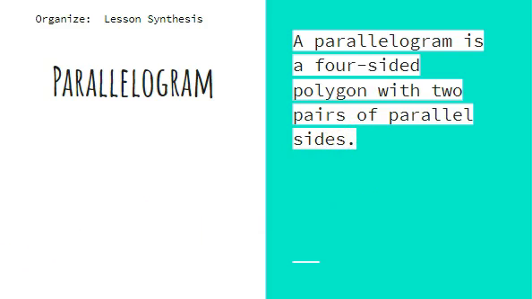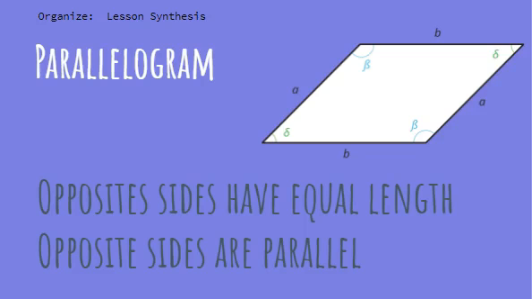Okay, so make sure you get that jotted down. So in parallelograms, the opposite sides are equal in length, and they're also parallel. Remember, parallel just means that they will never touch.